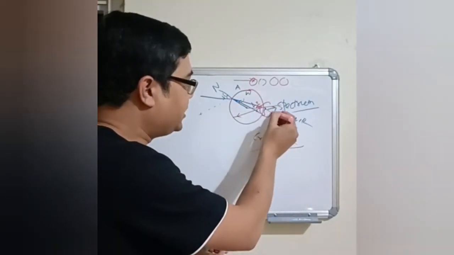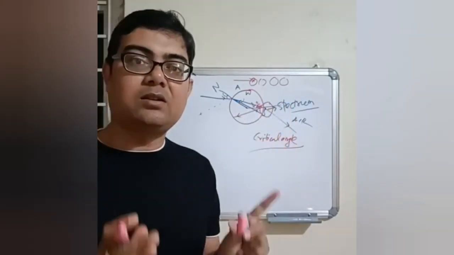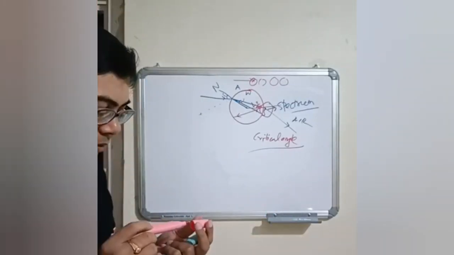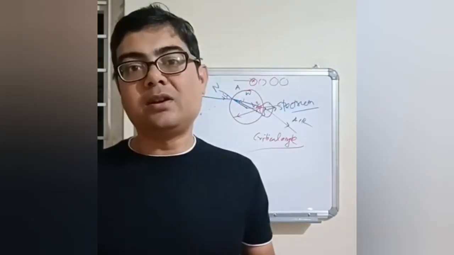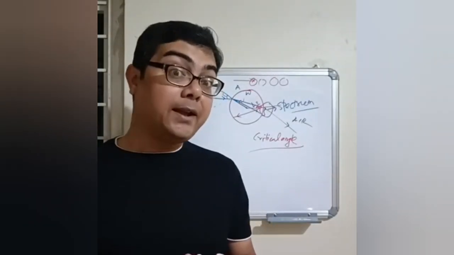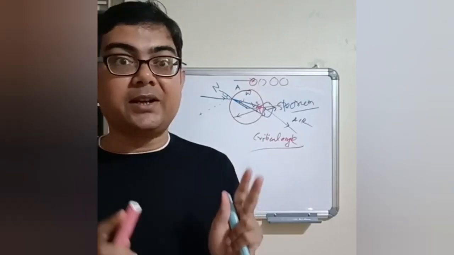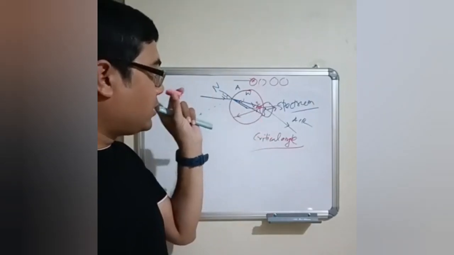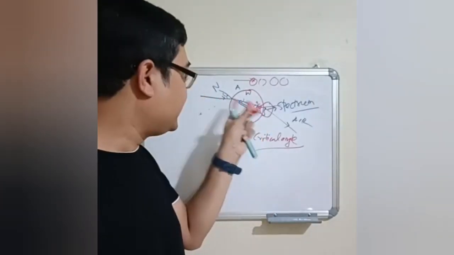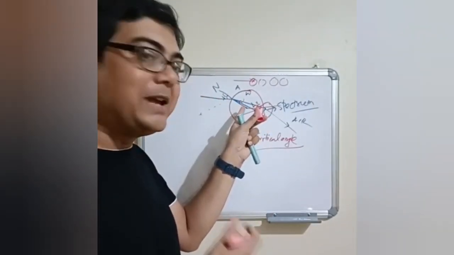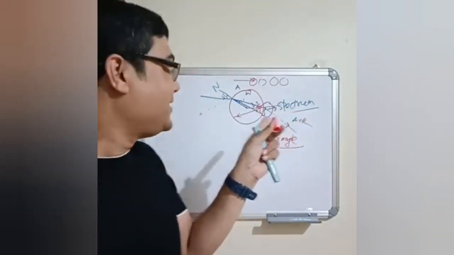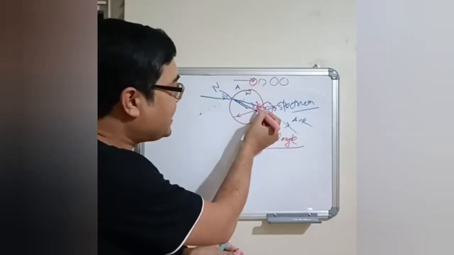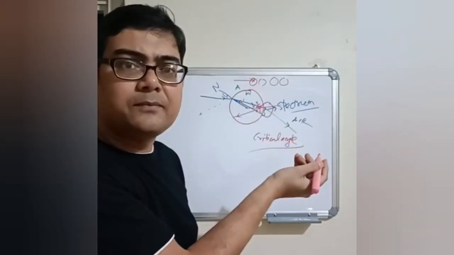Be very clear. The condition for total internal reflection is that the angle should be greater than the critical angle. But from the concept of geometry we have done some back work, a back process. So here it is less than the critical angle, so obviously this angle should be less than the critical angle, right?